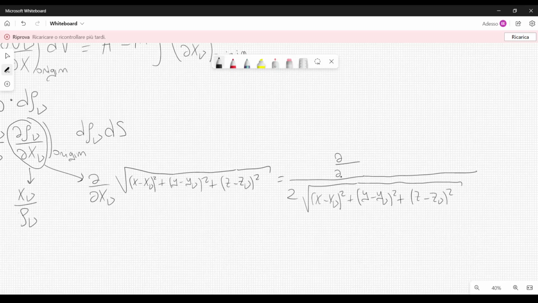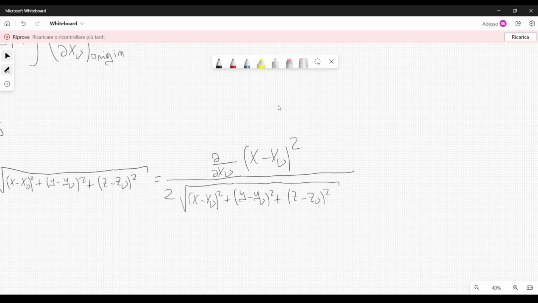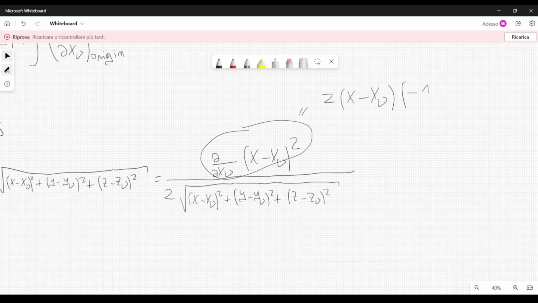So here you have the derivative with respect to x nu of x minus x nu squared, and this is simply equal to twice x minus x nu times minus 1 if you want. So let's rewrite this derivative.